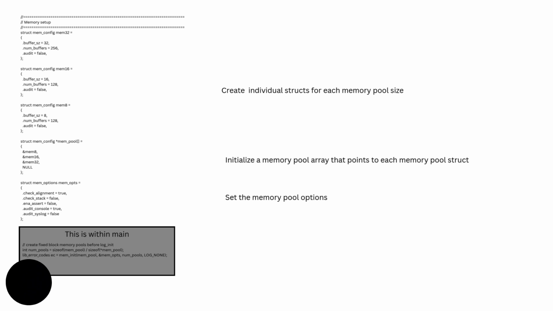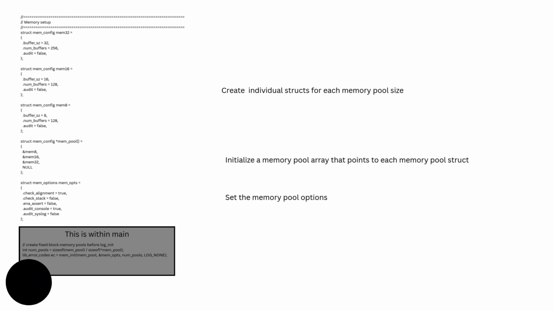So we would get the number of pools that we were setting up, call the memory initialization, and pass it this plus the number of pools. I forget what that log none was for. I don't know if that was just for logging the initialization or if that was an error message, but I'll review the code and make it clear whenever I make the source code available.